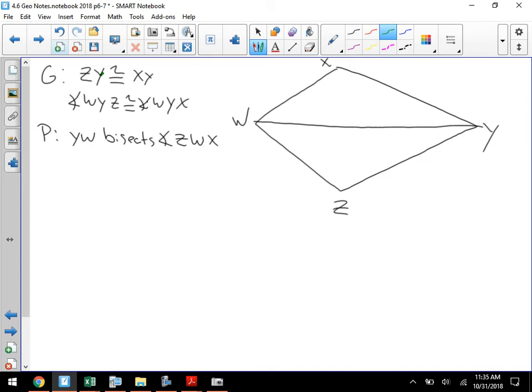I want to prove that YW bisects angle ZWX. Right? Getting the triangles to work here is the really, really easy part.